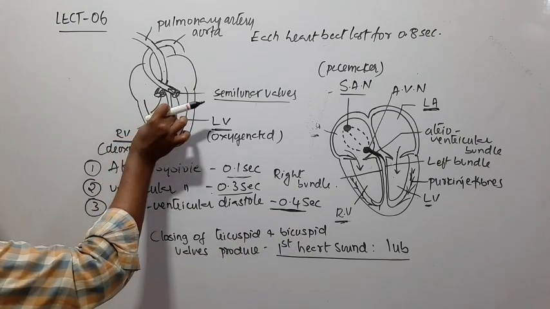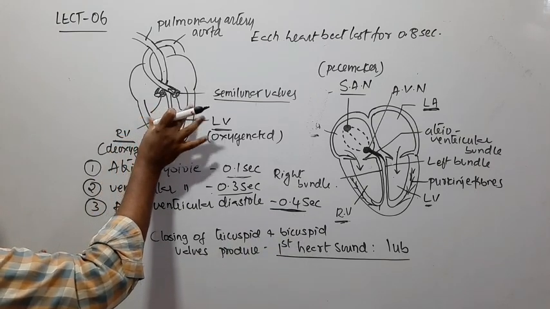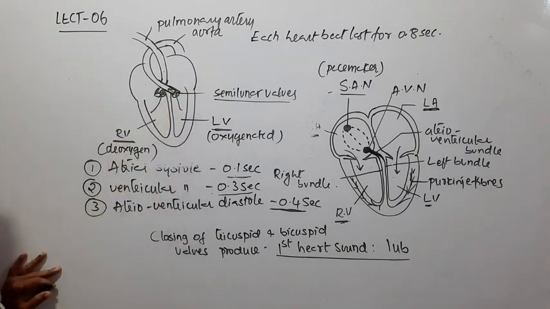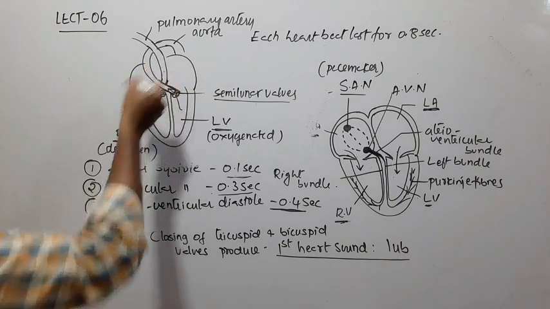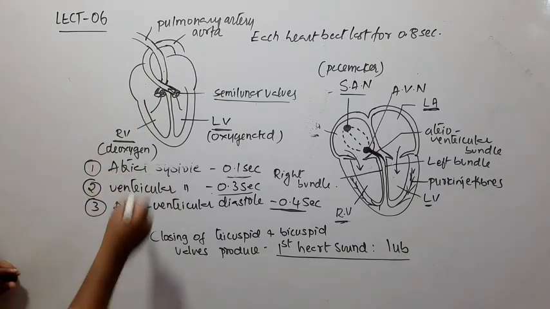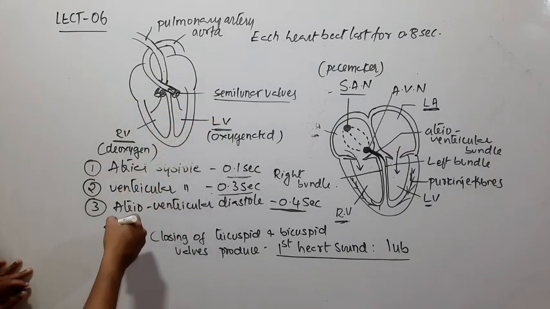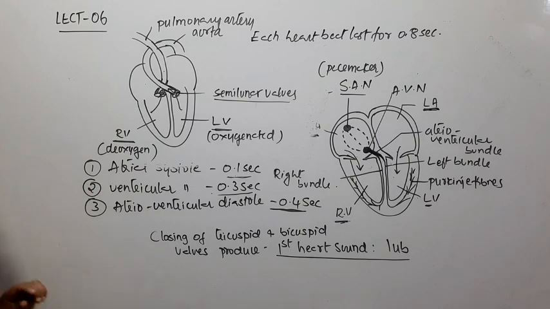So when these ventricles relax, the pressure inside decreases, and this may pull back the blood which entered into the respective blood vessels, back into the ventricles. That is prevented by the semilunar valves.